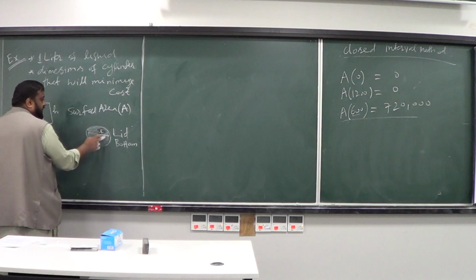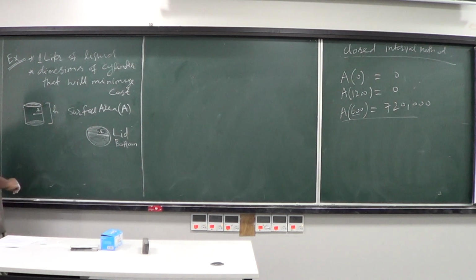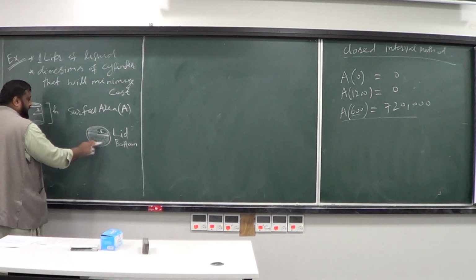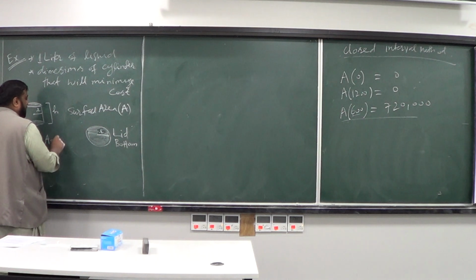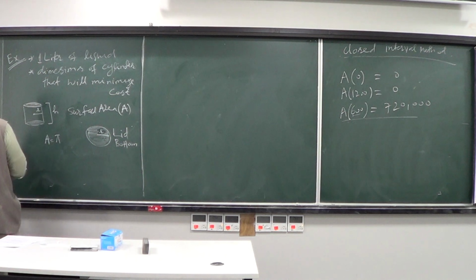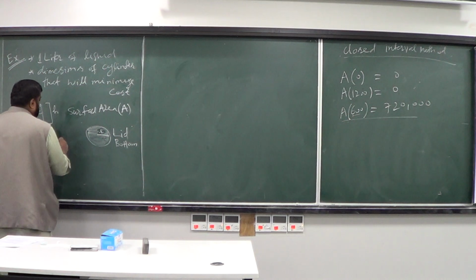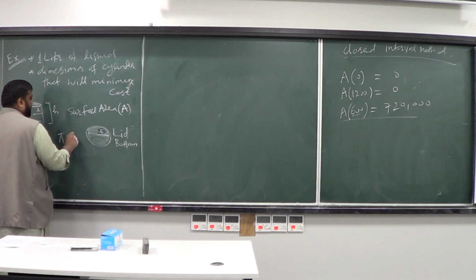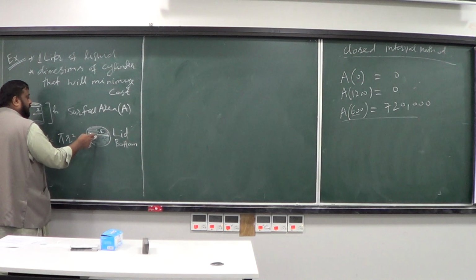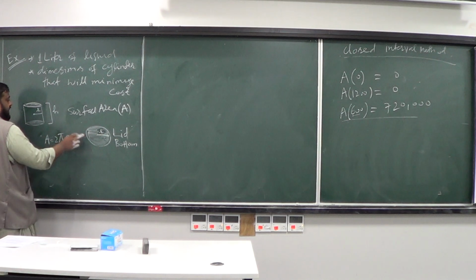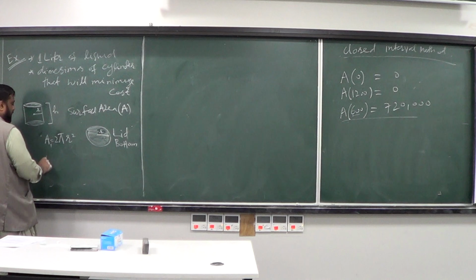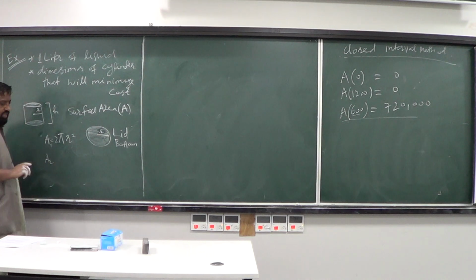The area of this disc should be pi r square, so pi r square for top and pi r square for bottom, which is 2 pi r square. So this is the surface area of top and bottom. What should be the surface area of the body?